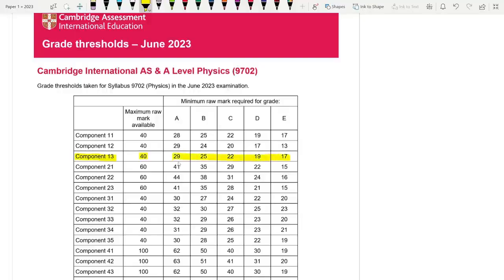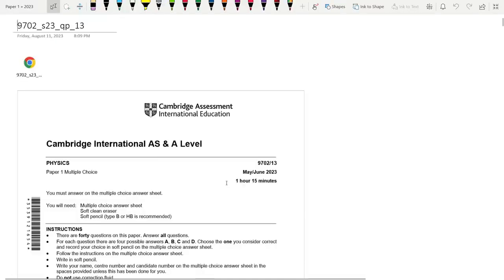It actually had the same difficulty as paper 11, the one I solved in my last video. So let's just write this down. 40 was the maximum mark.